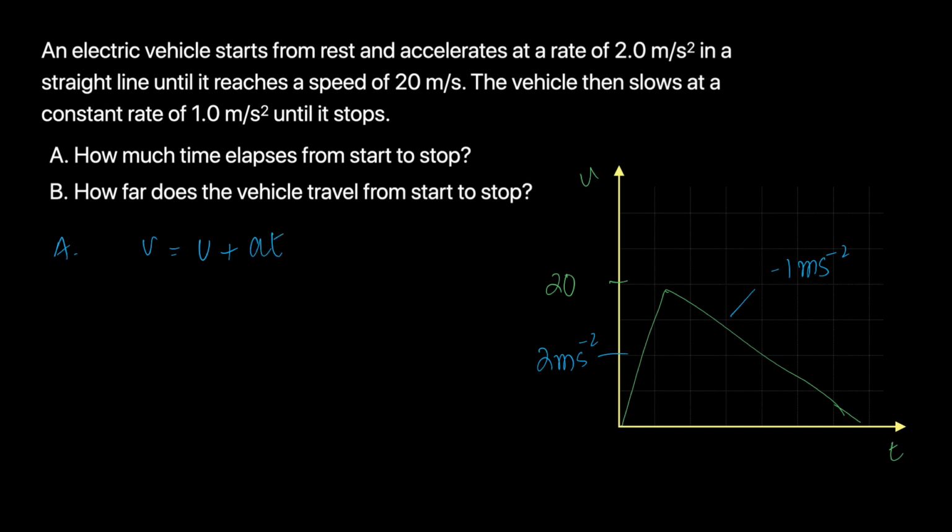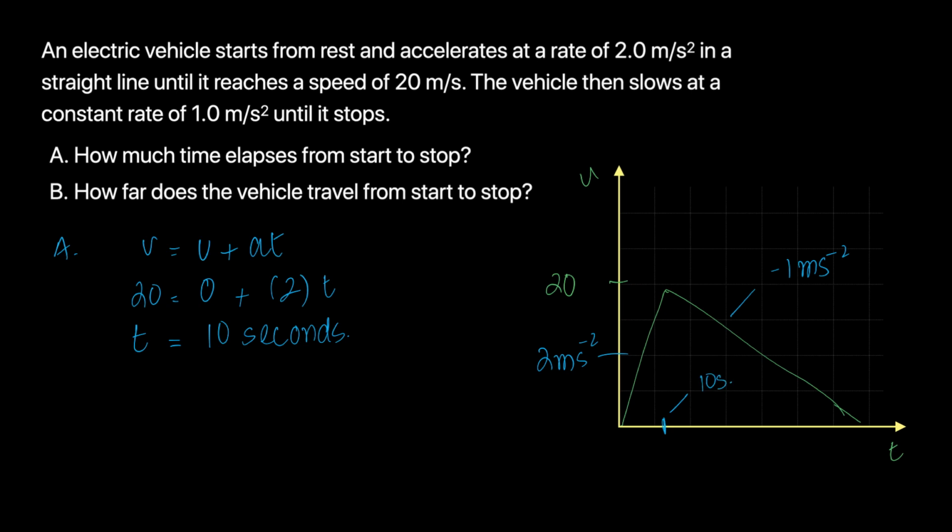So final velocity it'll reach will be 20, initial velocity is 0, plus its acceleration is 2, times time, right? And yeah, so time, it should take it 10 seconds. So this is the time taken to be here, 10 seconds.